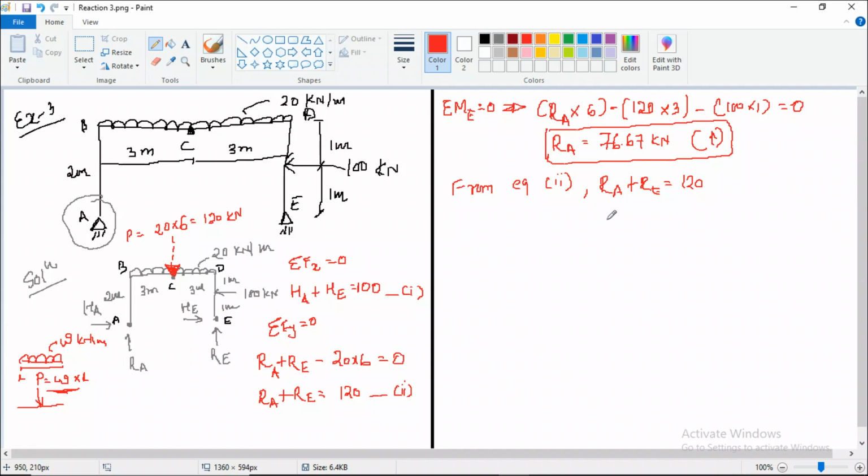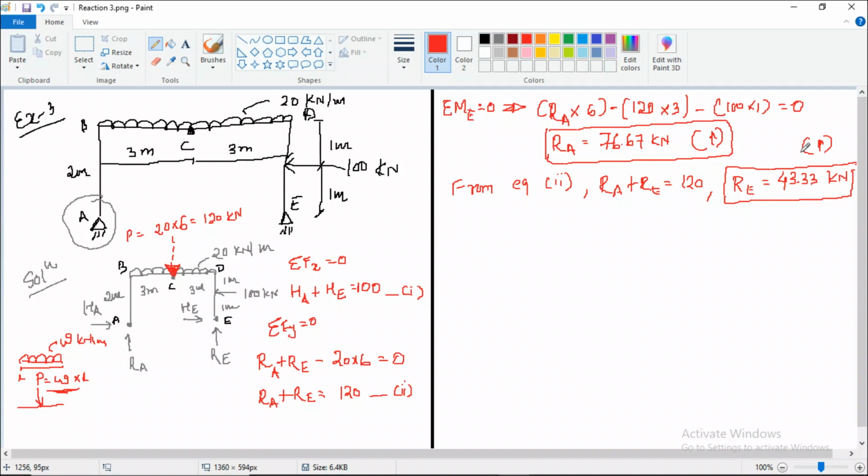If we put the value of Ra in this, we will get Re value is equal to 120 minus 76.67, that is 43.33 kilonewton, and this answer is again positive, that means our assumed direction is correct, which is vertically upward.